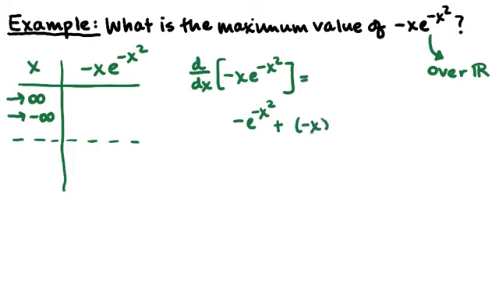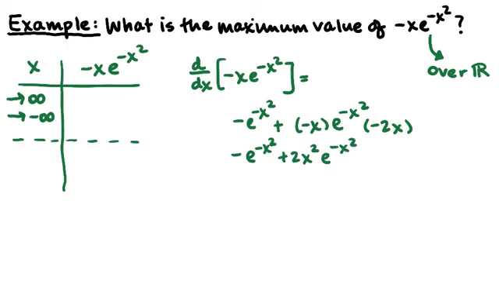Well, e to the u is its own derivative. And the derivative of the inside, -x squared, is going to be -2x. Okay, so this could definitely stand to be rewritten. -e to the -x squared plus 2x squared e to the -x squared.